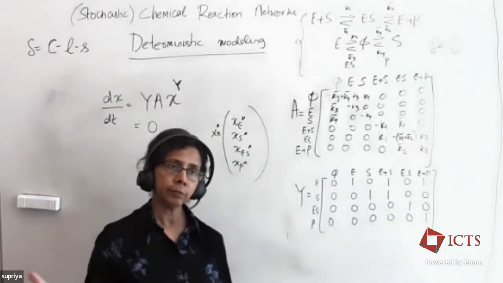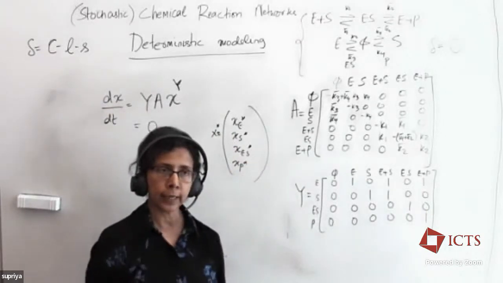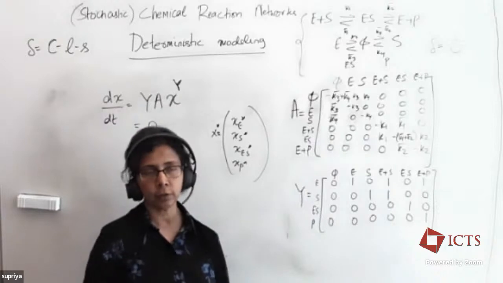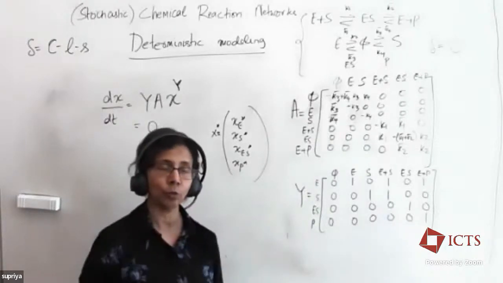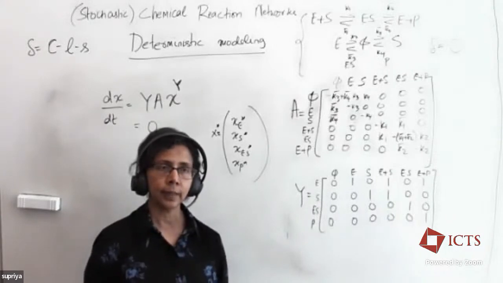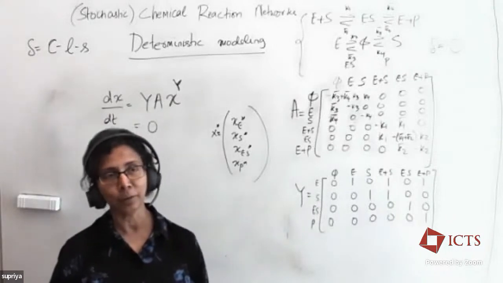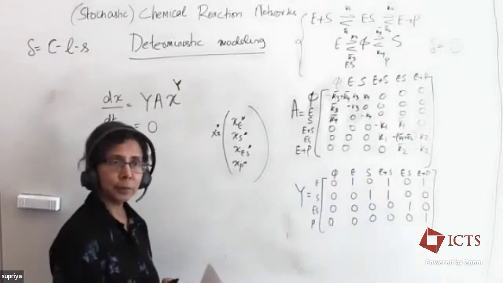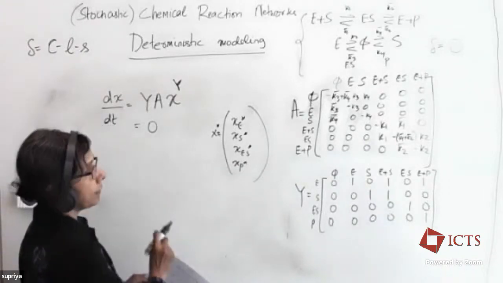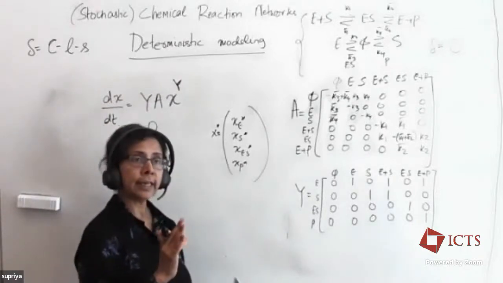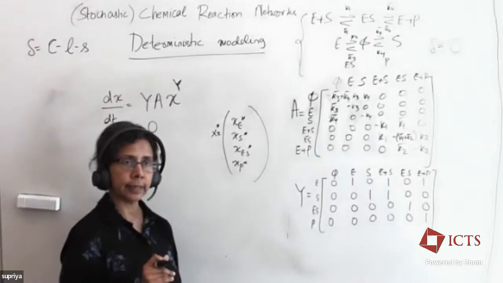And what will it depend on? Of course, it will depend on those rate constants in some way. We could, of course, have just pulled up our sleeves and tried to solve those set of rate equations. In this particular case, you can do it, and we will try to do it in the tutorial. But we'll see an easier way to do it, by looking at this linear structure, by all this matrix multiplication business.